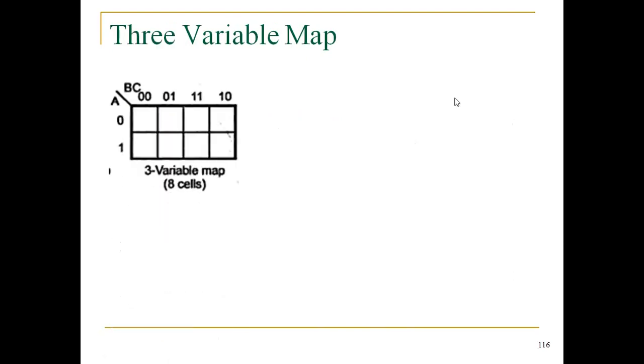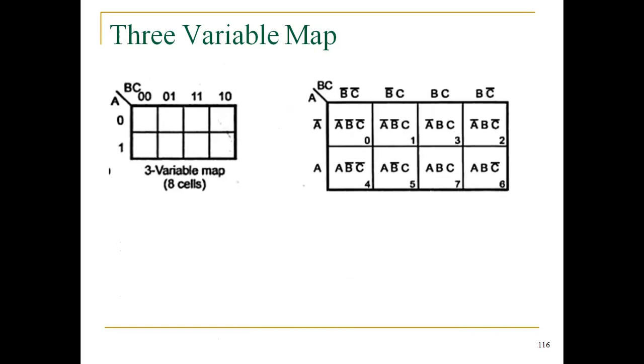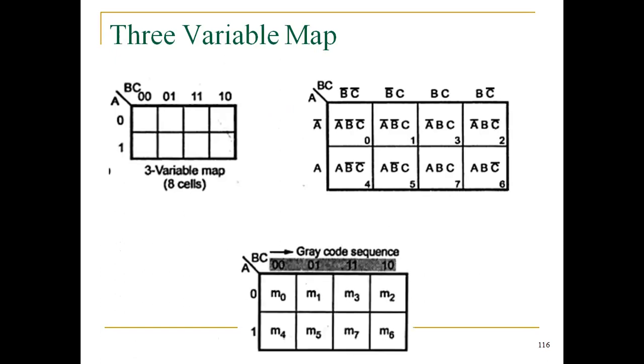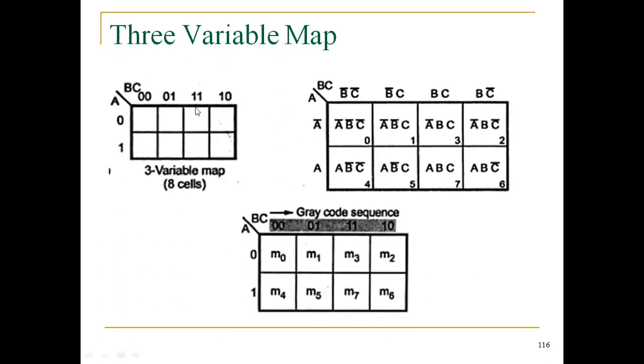Then three variables, which we have already seen in the earlier session, but anyhow, a short recall. It is a three variable tabulation. Since it is three variable, 2 power 3 is equal to 8, hence 8 cells, and the variables are A, B, C. Similarly, X, Y, Z may be possible.